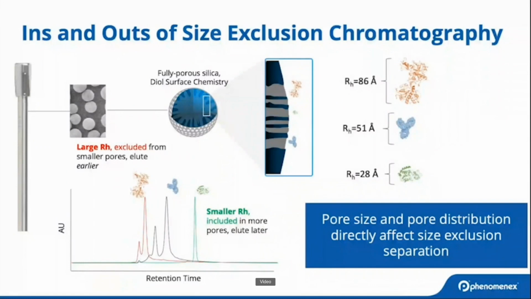An important but often overlooked point with size exclusion is that it separates proteins based on hydrodynamic radius or volume and not by molecular mass or molecular weight.